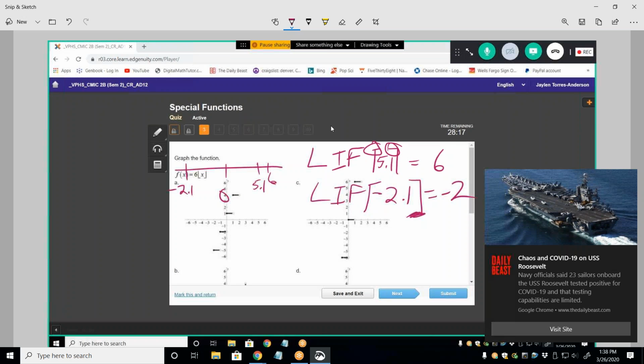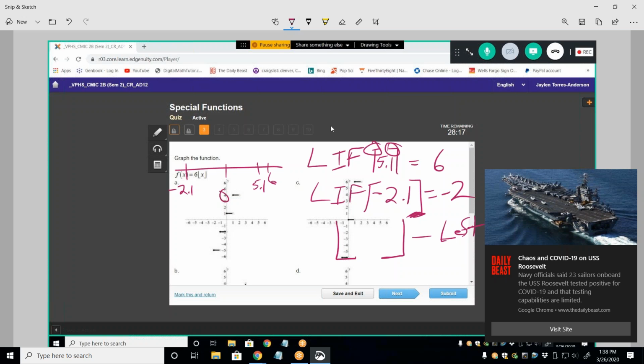In other words, the only thing you need to memorize is that when you have the hats, you go to the right. When you have the feet, you go left. As long as you can draw the number line and put the number that they're talking about in there.